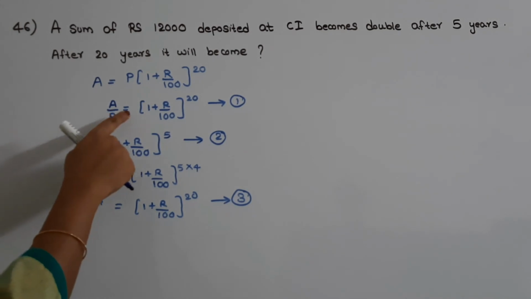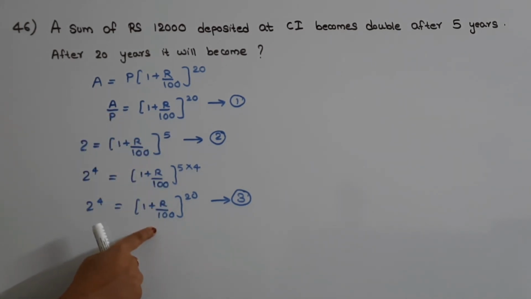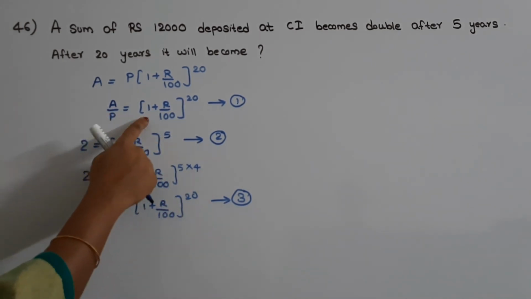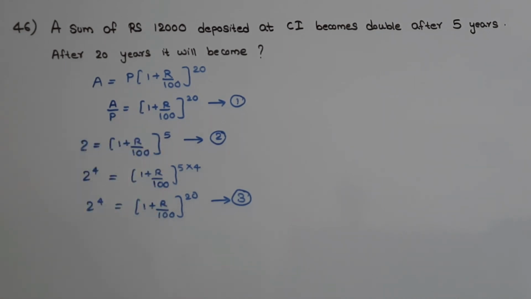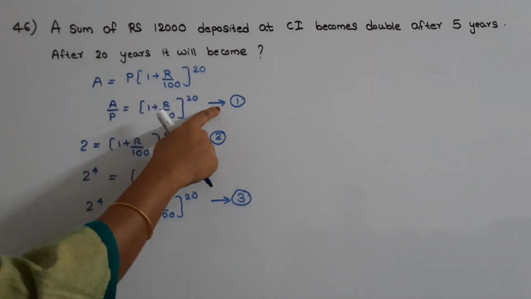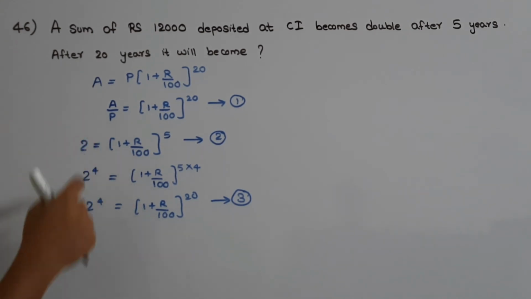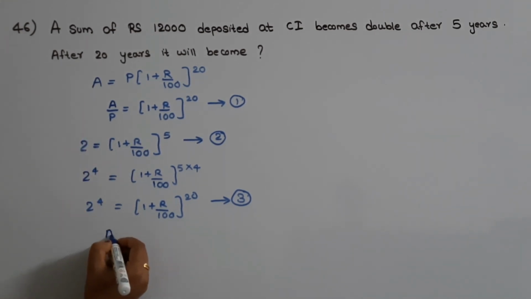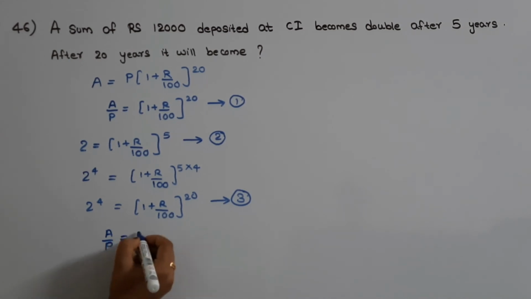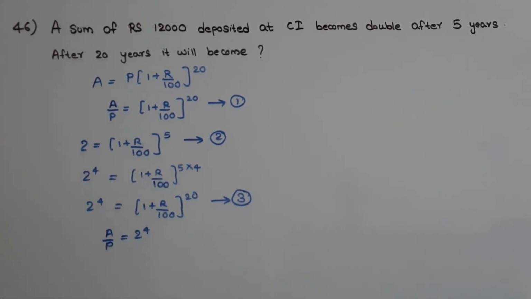Now on seeing equation 1 and equation 3, the RHS is the same. Since the RHS of equation 1 and equation 3 are the same, we can equate the LHS. So A by P will be equal to 2 raised to 4.